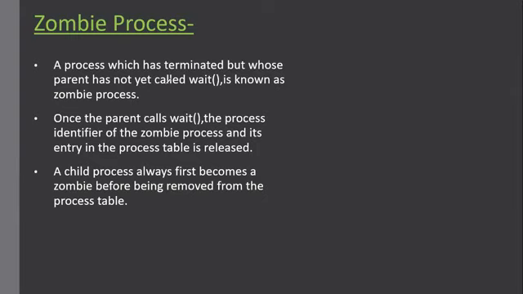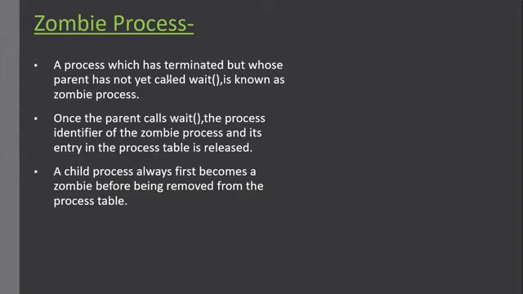So suppose the parent has not called wait, so the child has terminated, all the resources are deallocated by the operating system, but its entry is still there in the process table because the parent has not called wait. So the parent doesn't know that the child has terminated, right? So there is an entry corresponding to that child where the status is stored, because the parent has not removed it.